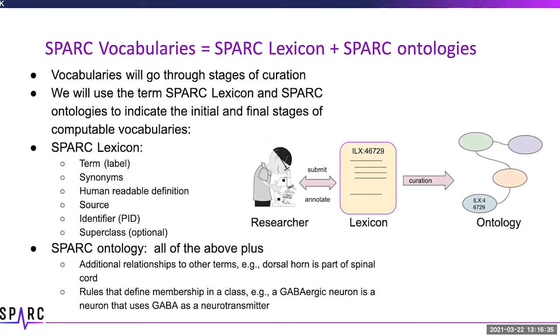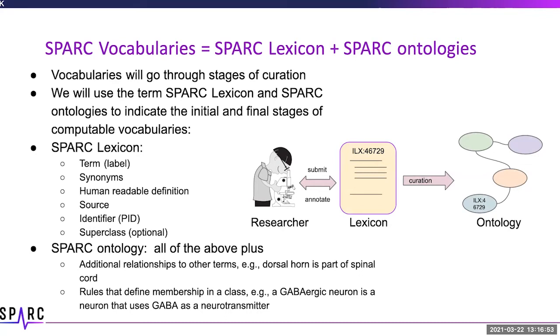Now, I've mentioned terminologies and ontologies, and so there are different levels at which these terminologies can exist. There is the Spark lexicon, which is the first level.